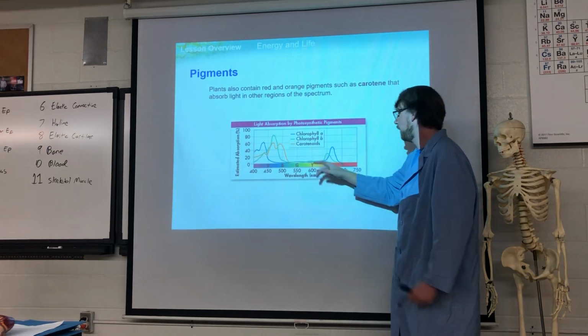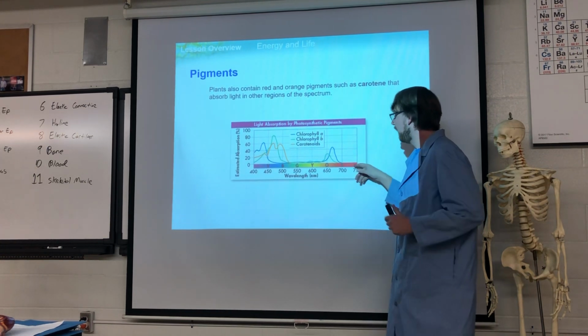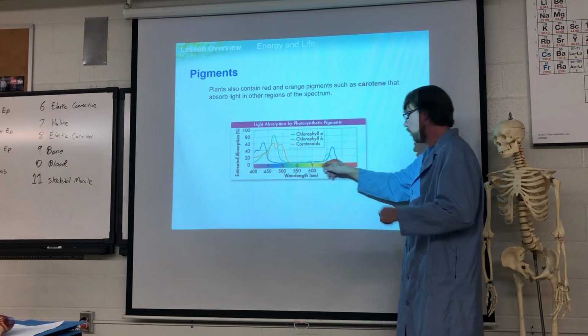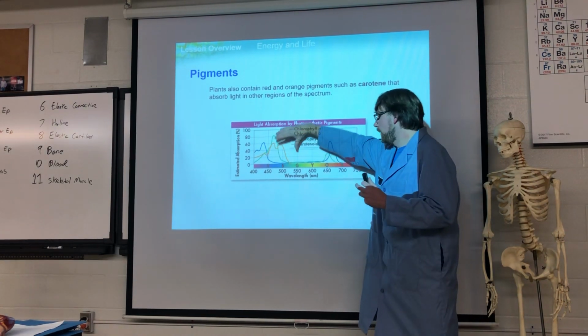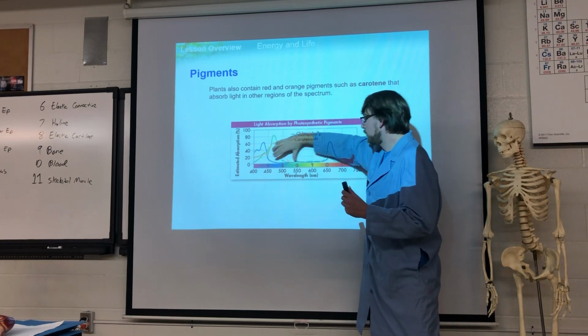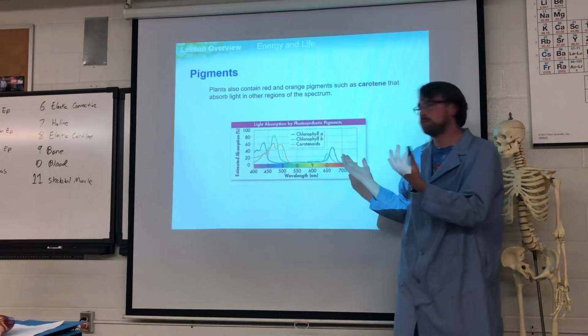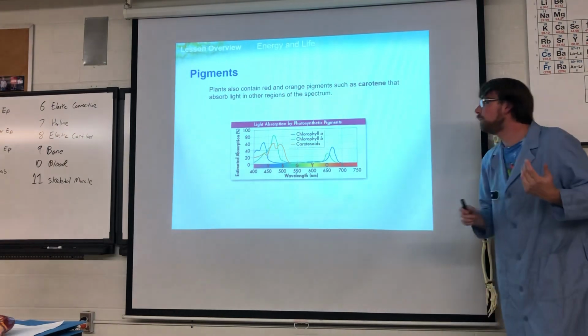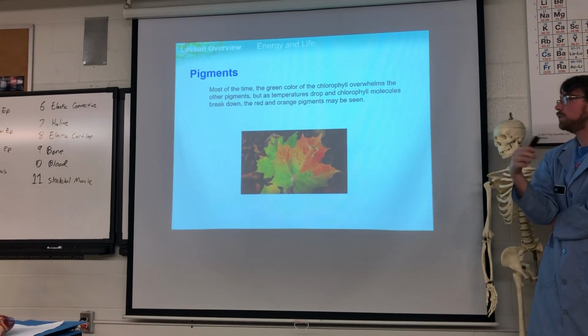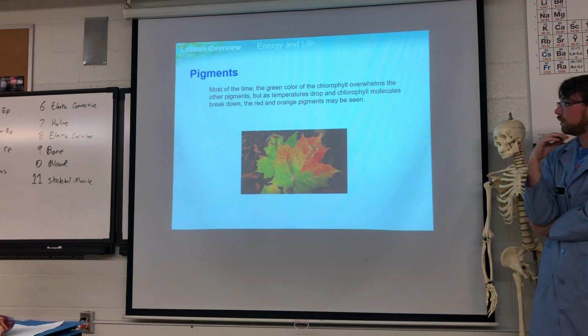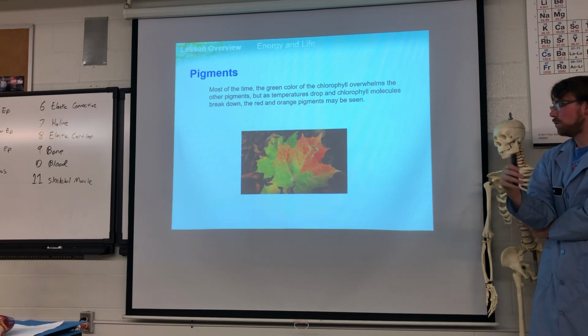So in the fall, the chlorophyll breaks down, and then leaves will look yellow, orange, and red because the carotenoids last longer and they're only absorbing the blues and the greens. So most of the time, the green color of chlorophyll overwhelms the other pigments, but as temperatures drop and chlorophyll molecules break down, the red and orange can be seen.